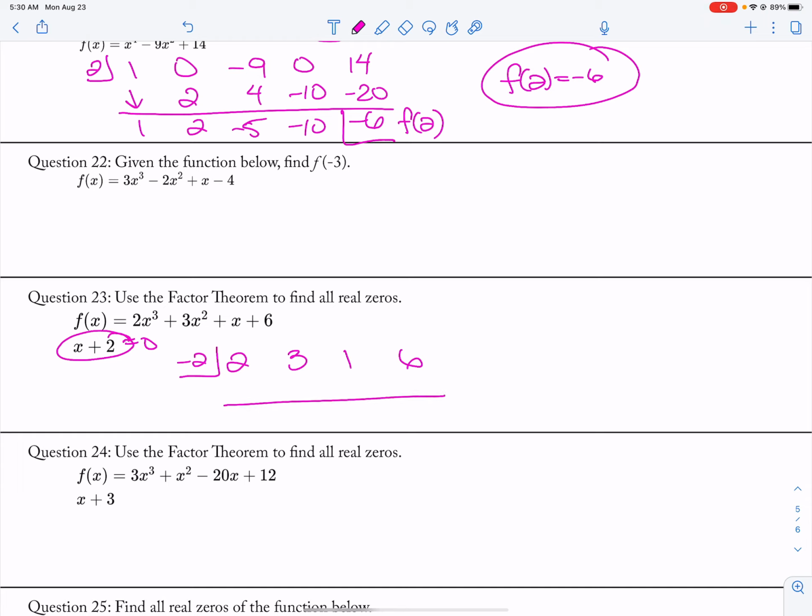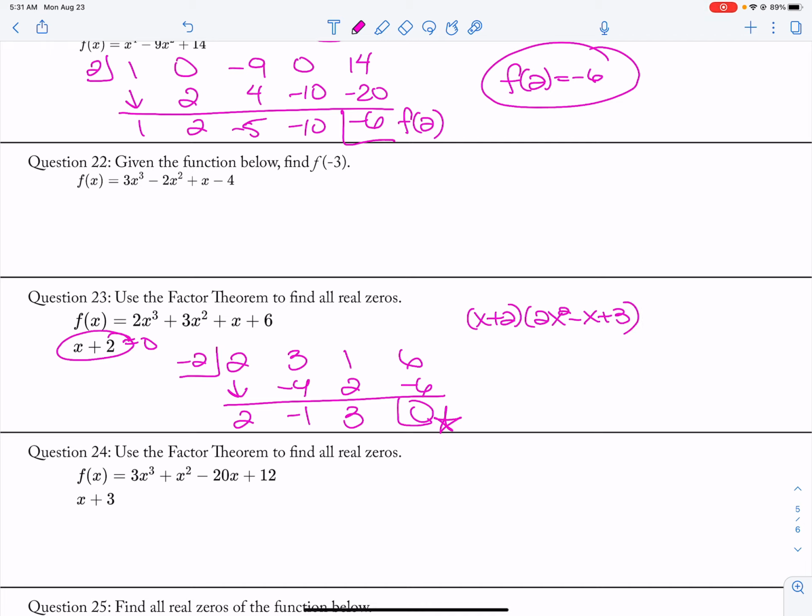So bring down the 2, negative 4, negative 1, 2, 3, negative 6, and 0. You have to get 0 here, otherwise it's not a factor. So what I'm left with is an x plus 2 and a 2x squared minus x, and then plus 3.